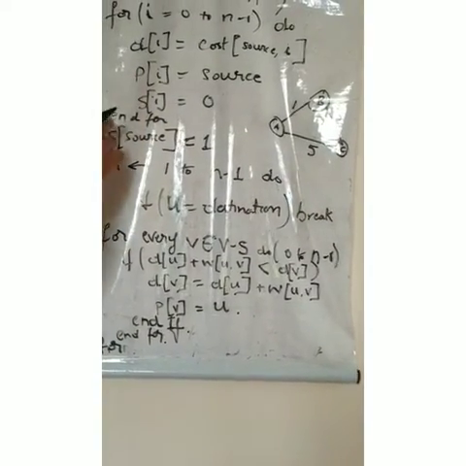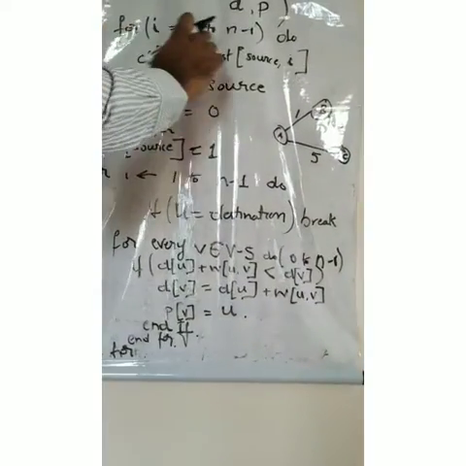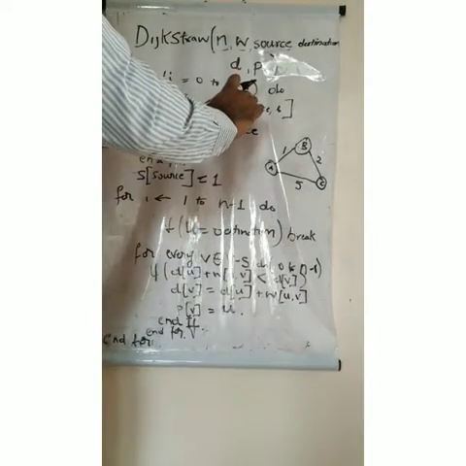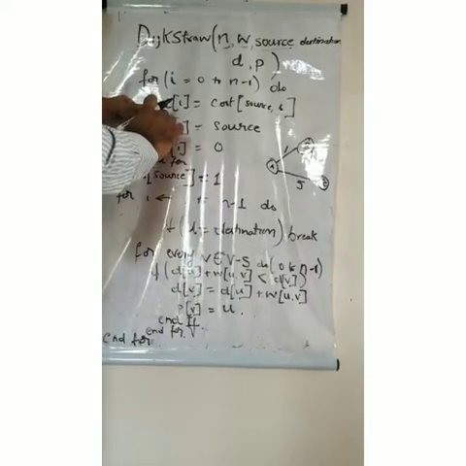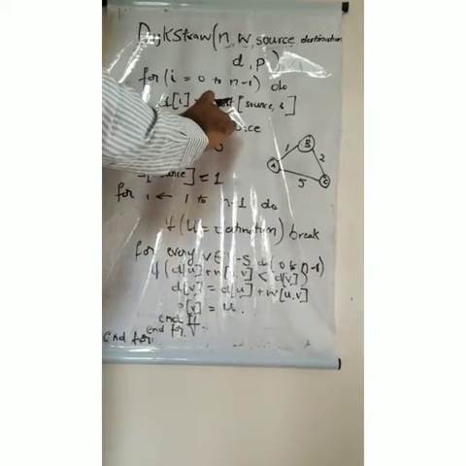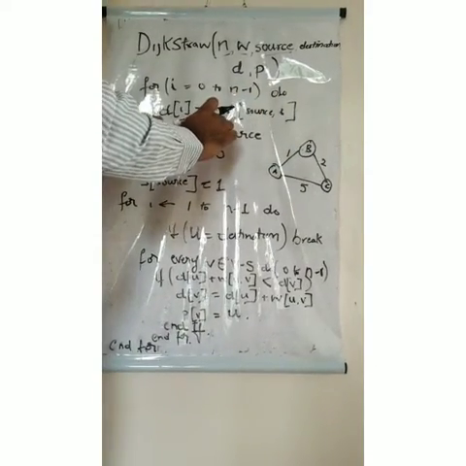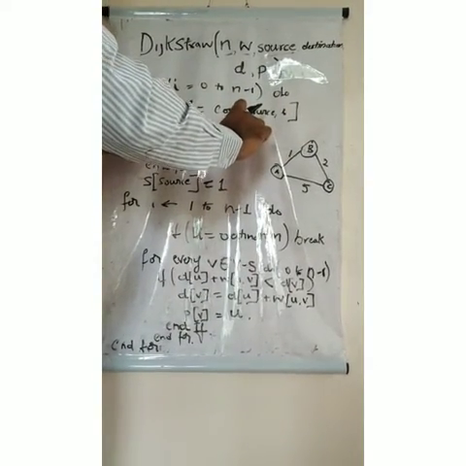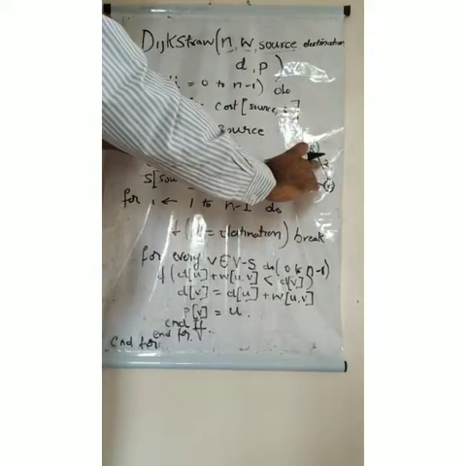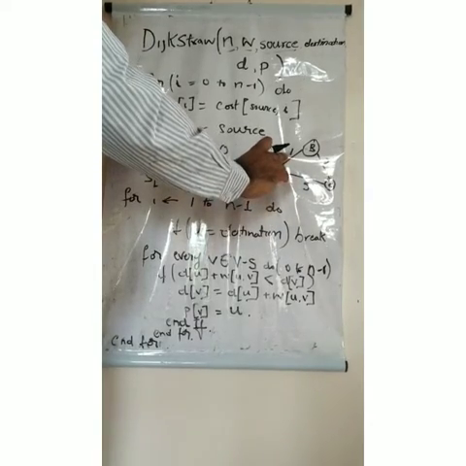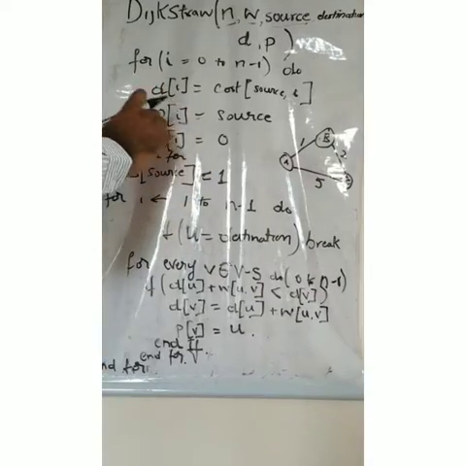So now, initially for this loop, I is equal to 0 to n minus 1, meaning all the vertices that you consider. So d of I, the distance, is taken from the cost, because we are going to read it from the cost matrix. Whatever the cost from the source, for example A to B, the cost is 1, that will be taken as the distance.